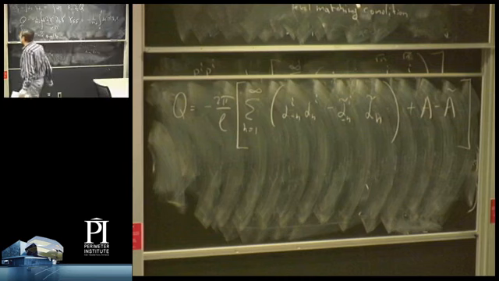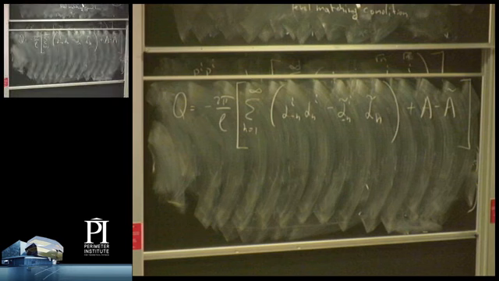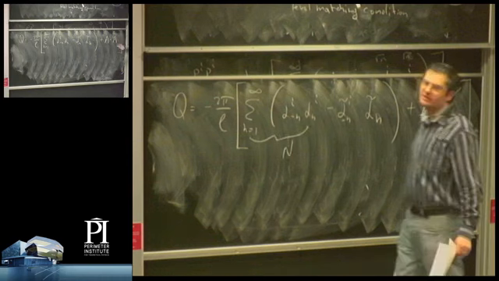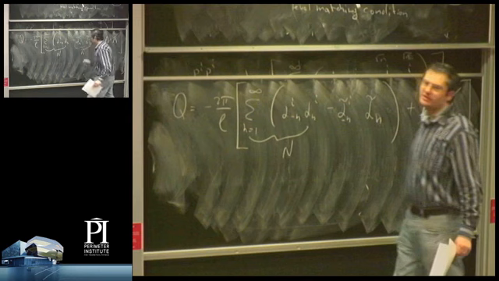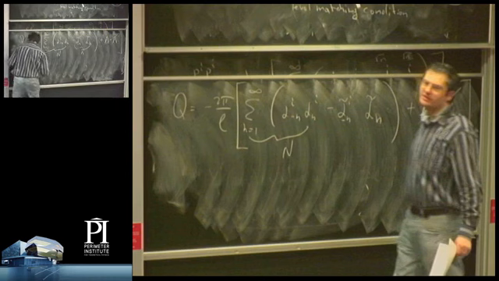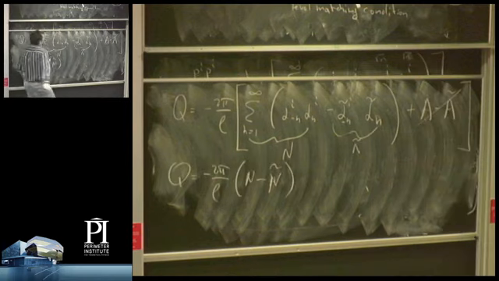Now our normal ordering constants a and a tildes are exactly the same, so this combination will vanish, and this infinite sum is simply the total left moving level, and this combination here is the total right moving level. And so our operator Q is equal to minus 2 pi divided by L times N minus N tilde.